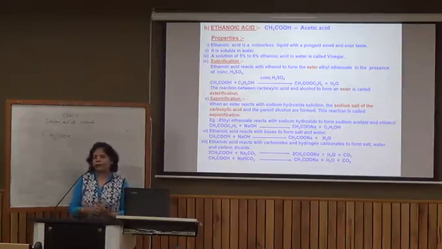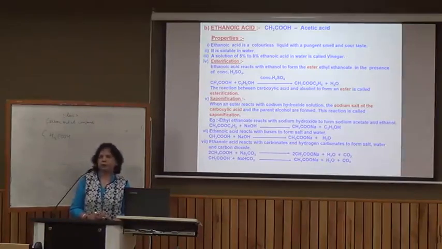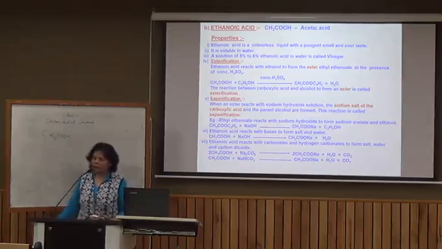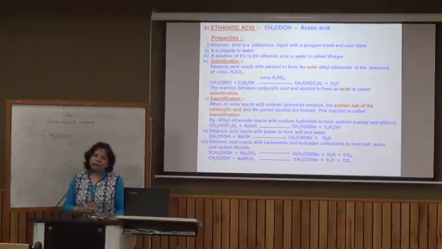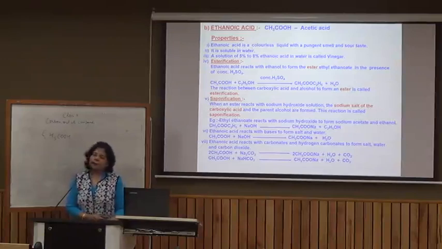It turns blue litmus red, it reacts with metal carbonates to produce carbon dioxide gas, it reacts with bases to produce salt and water, and it also reacts with metal bicarbonates to produce carbon dioxide. So it shows all the properties shown by an acid, but it's a mild acid. It ionizes feebly in water, producing fewer hydrogen ions.